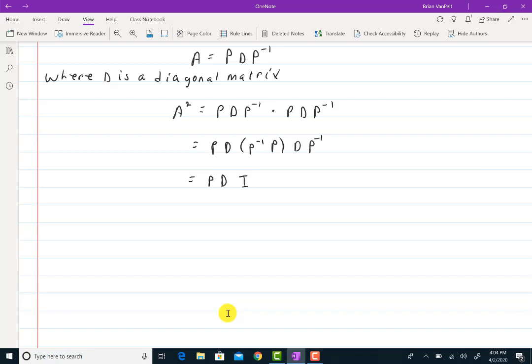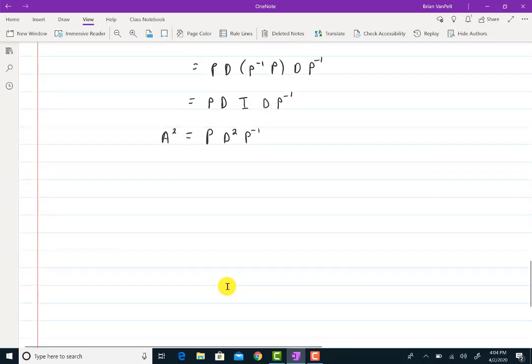Of course, the identity matrix doesn't do anything, so I'm going to get P, and D squared in the middle, since D times D is D squared, then P inverse. So look, A squared, when I square it, A starts off as P D P inverse, and A squared simply puts a square on the diagonal part. The other ones didn't even come into play.